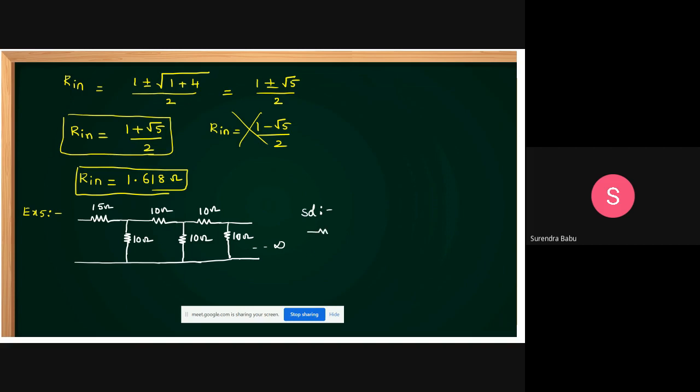This I wrote 5 ohms and this is 10 ohms. Yes, friends, this is 10 ohms and this is also 10 ohms. This is correct.